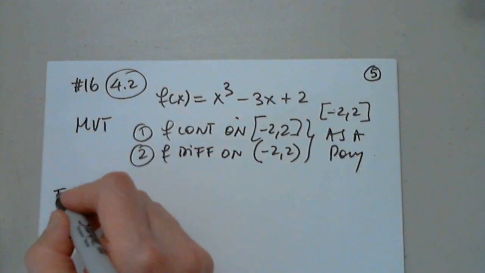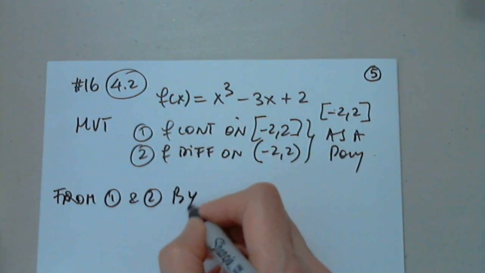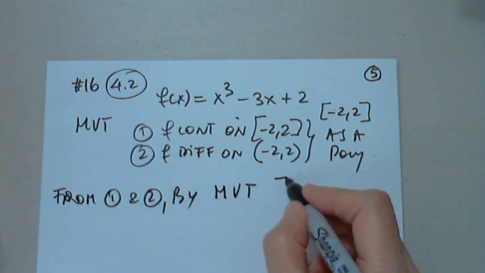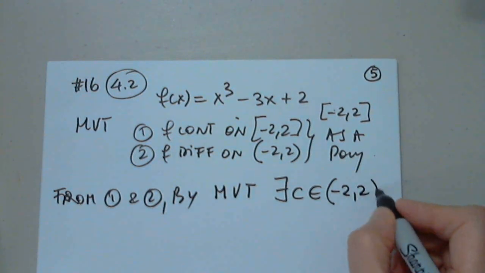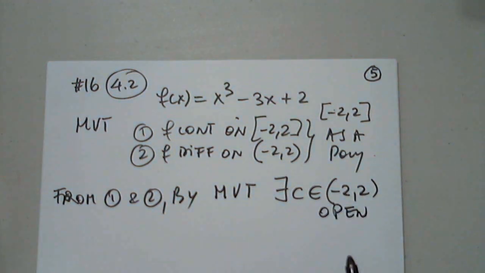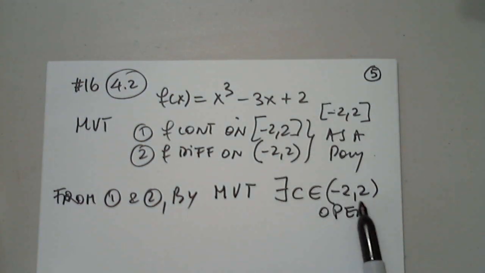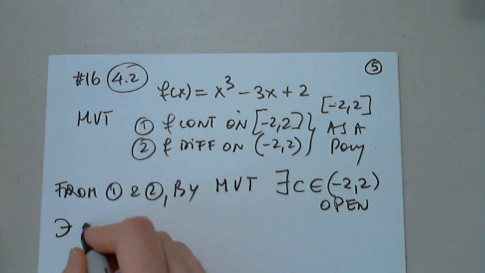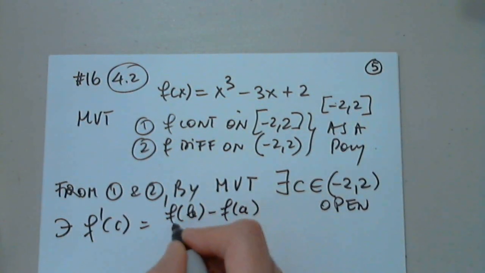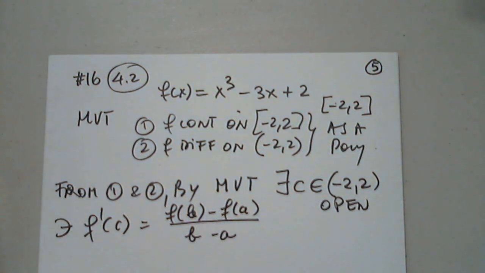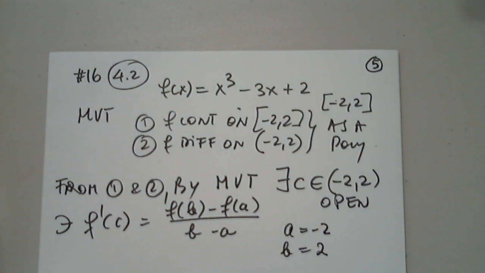And then from 1 and 2 by MVT, there exists a C in the open interval, very carefully, open, which means C cannot be -2 or 2, such that f prime of C equals f of B minus f of A divided by B minus A, where of course A is -2 and B is 2.